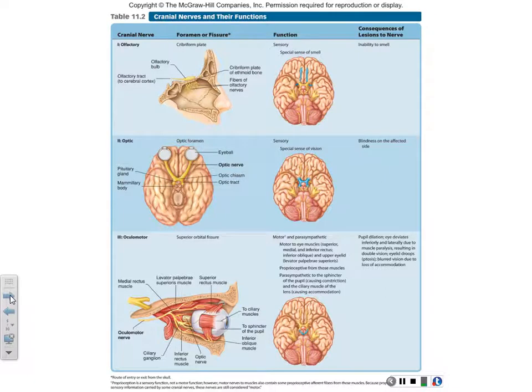Okay. Because it's olfactory, it's the sense of smell. It arises from the cerebrum, from the frontal lobe on the base. And because the nerves for it are located on the superior part of the nasal cavity, there is a bone, the ethmoid bone, that has all these perforations that let those olfactory nerves go through.